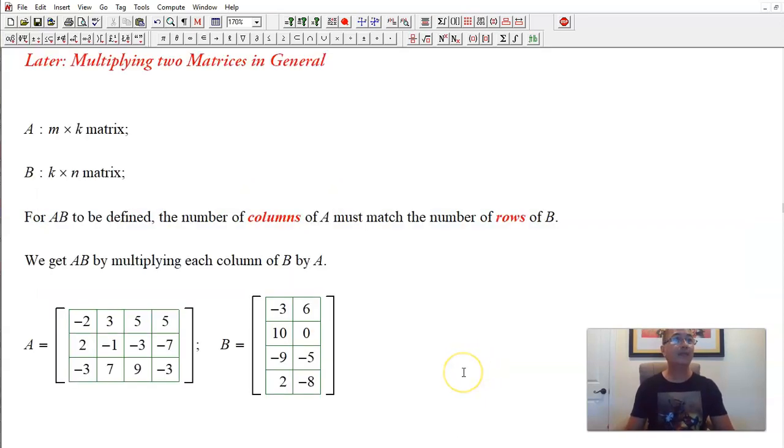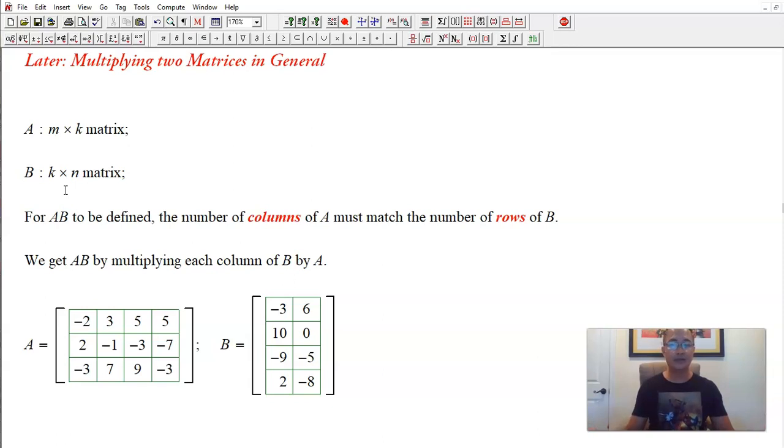Now, I didn't put this on our agenda, but I thought let's get a little sneak preview of how to multiply 2 matrices in general. Okay, so the general scenario is you're given 2 matrices, but you can't just multiply them. They have to satisfy what's called a compatibility requirement.